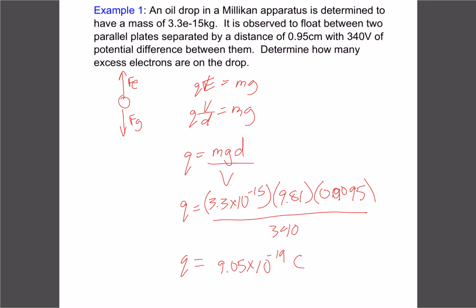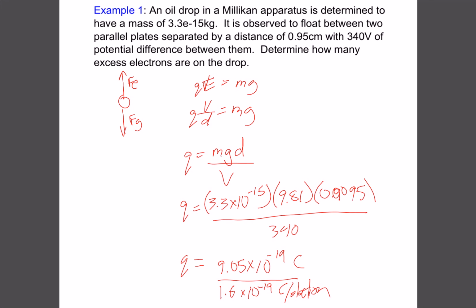So the charge on the oil droplet is 9.05 times 10 to the negative 19. We know that each electron has a charge of 1.6 times 10 to the negative 19, so all we have to do is divide those out.